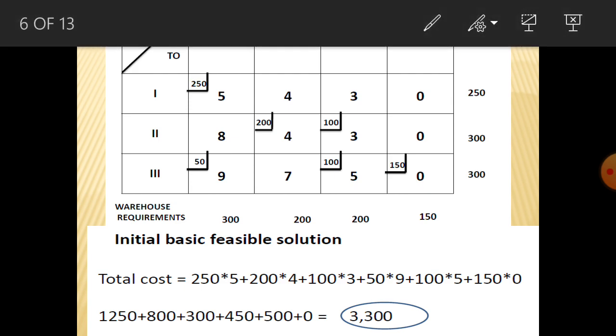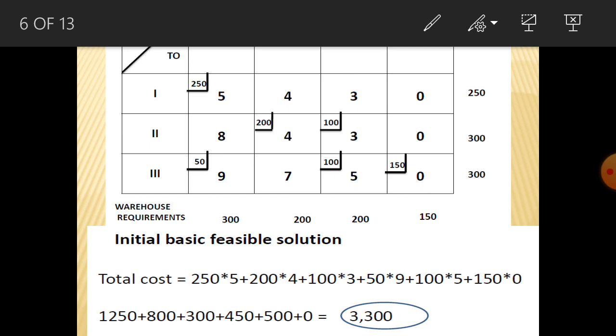The total cost is 3,300, by northwest corner rule. What is the rule of northwest corner rule? I already told.